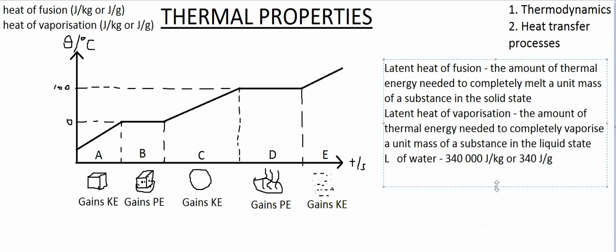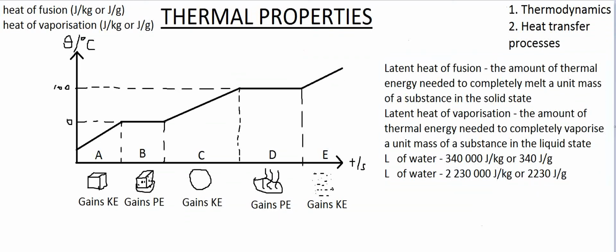And the L subscript V of water is 2230000 joules per kg, or 2230 joules per gram.